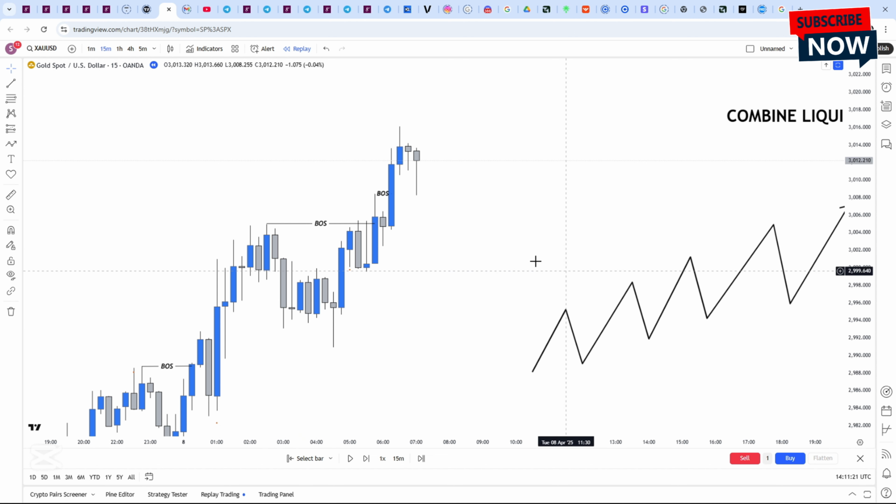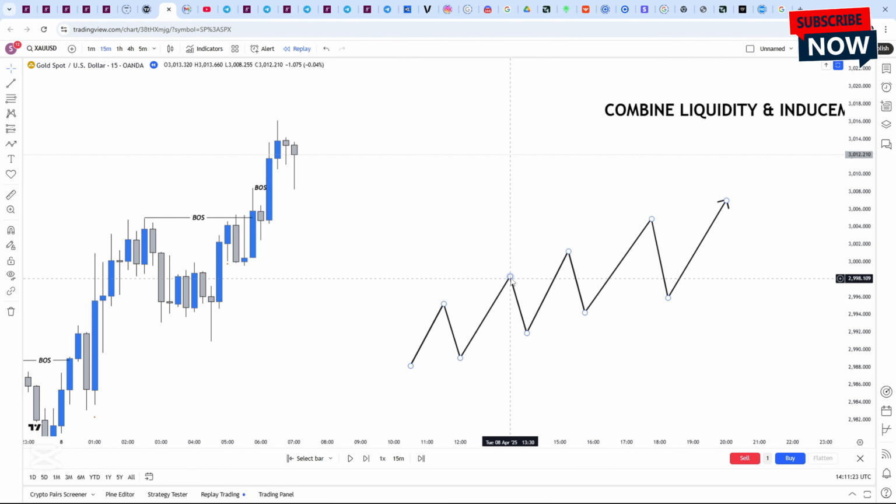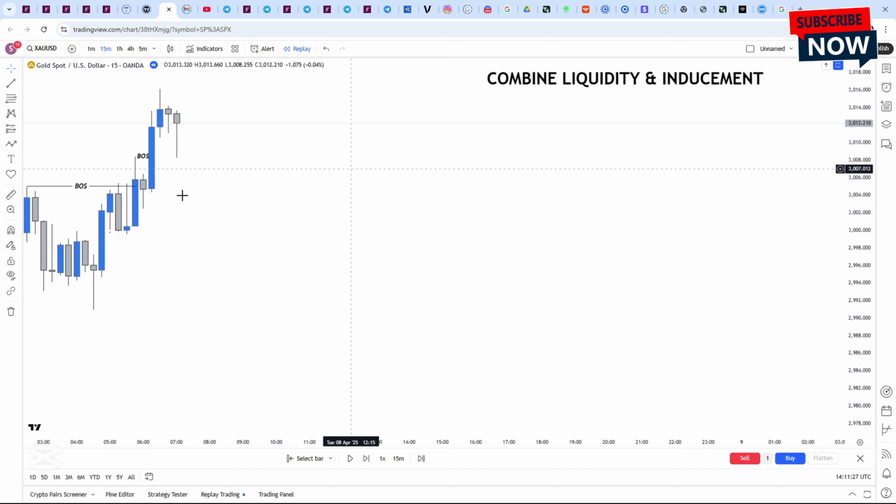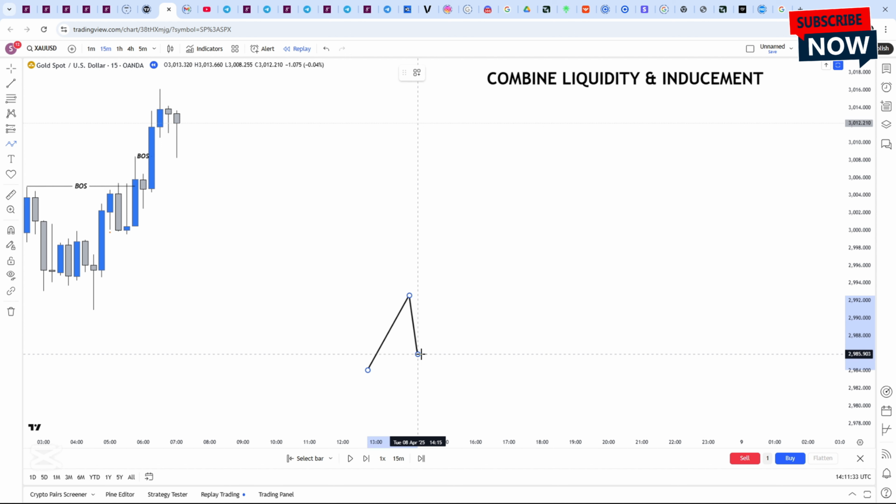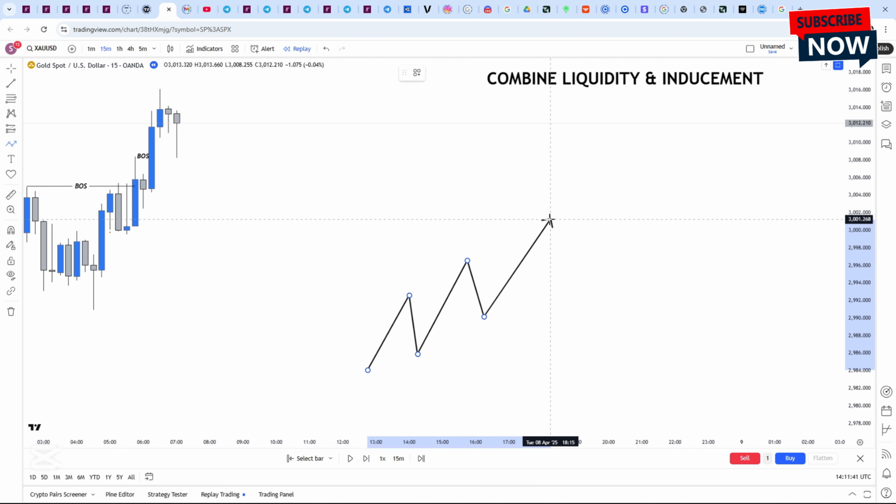Now, what happens here? For the market to induce you with the liquidity that it has left behind, the market will do this most of the time. We shall see a good market that has been moving from lower lows, creating higher highs, and then the market comes back, does this, never reaches the order block that is down, and just moves.